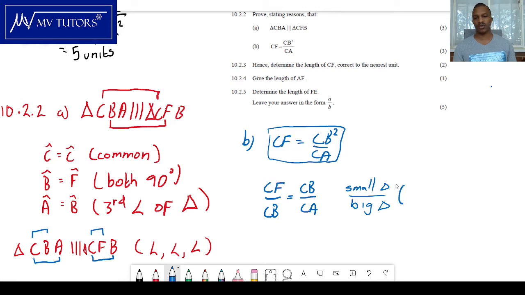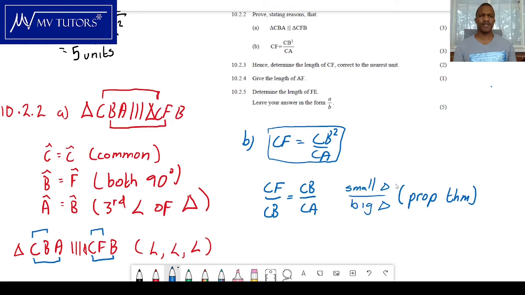The reason we could do this, we can then say that this is due to proportionality. The reason we could do this was because it's due to proportional theorem.